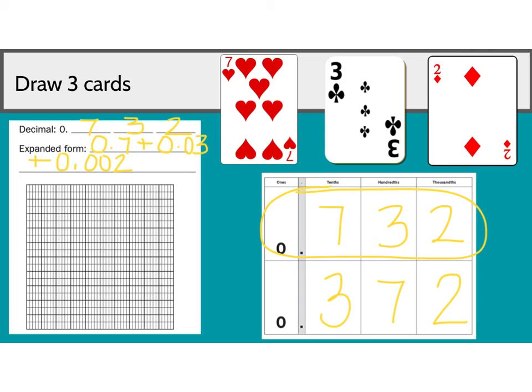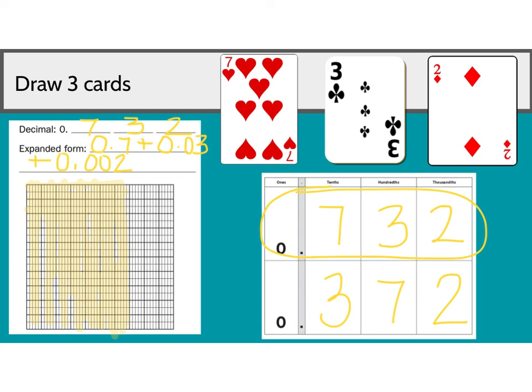So next what you would do is shade your grid. You're going to go through and shade 7/10. So that means we would have 7 of these: 1, 2, 3, 4, 5, 6, 7, and we would shade all of that in.